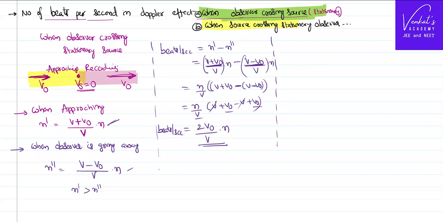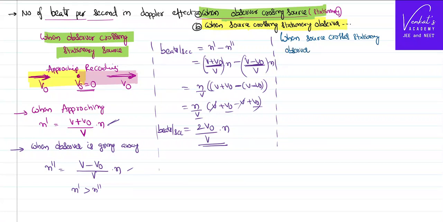But there is another case: when the source crosses the stationary observer. How does it happen? Let us try to understand what that means. I have already done the first case, observer crossing a stationary source. Let's talk about when the source crosses a stationary observer.